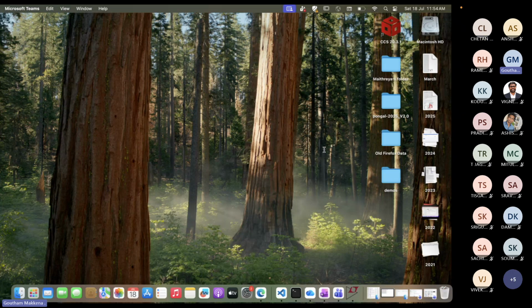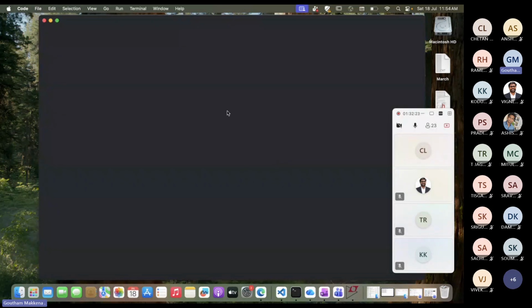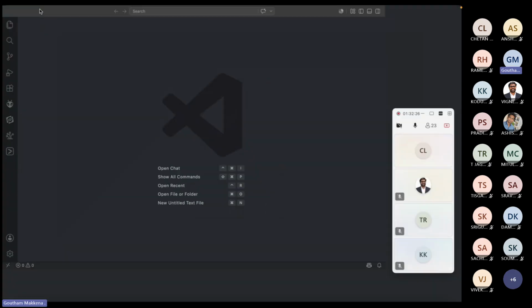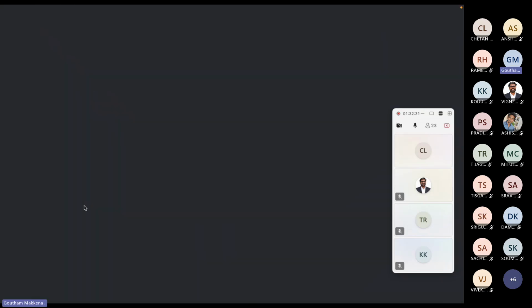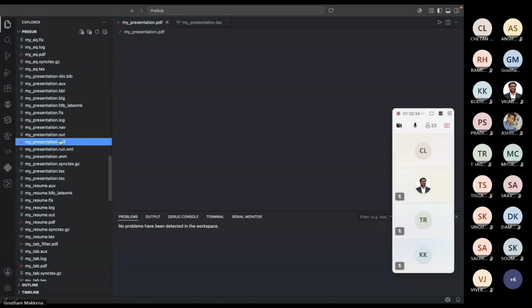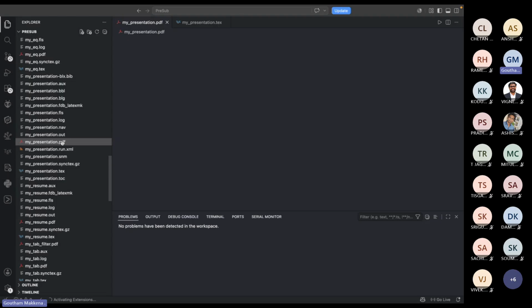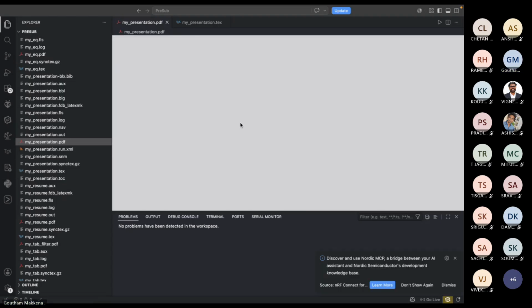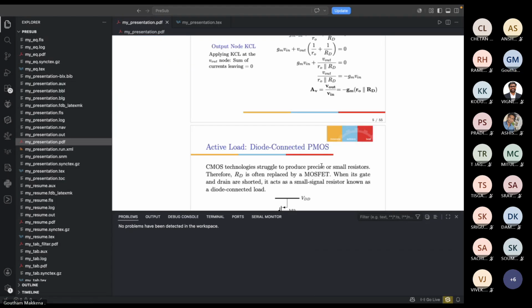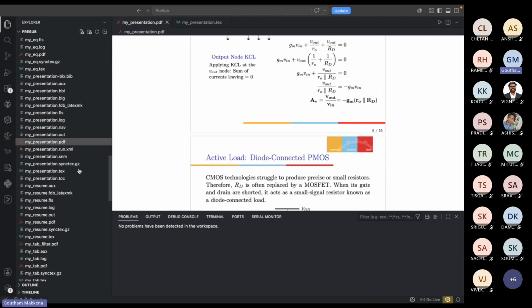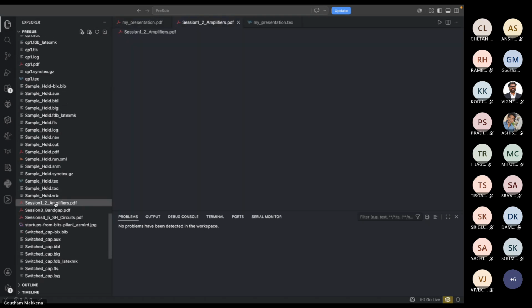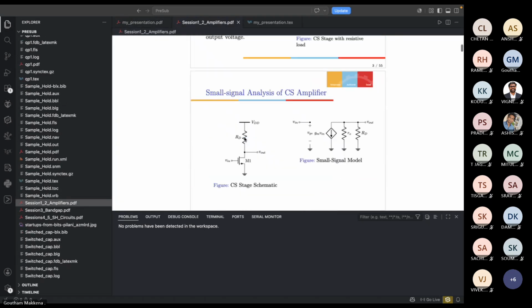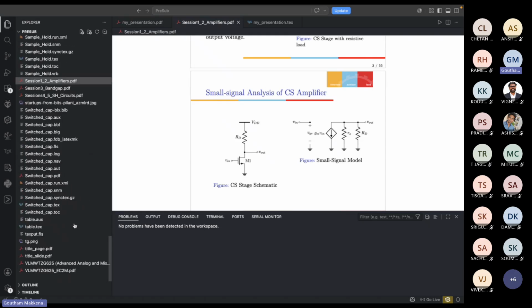So how will the watermark look like? I will try to show. So I took an advanced course. This is advanced mixed signal design.